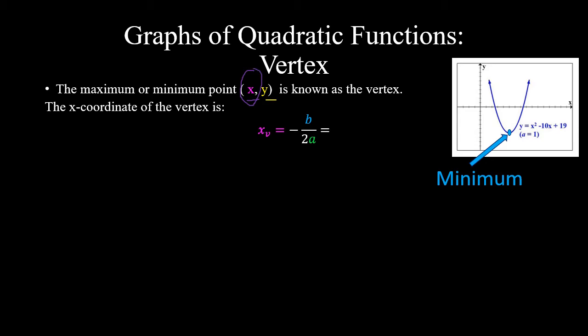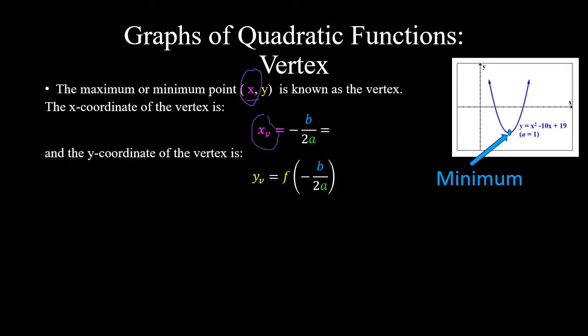We also need a y. We're looking for an ordered pair here. This is a point on the graph. We need an x and a y to graph that point. So how do we find the y? Whatever value we get for x after we solve this equation, we're going to plug it into our function.